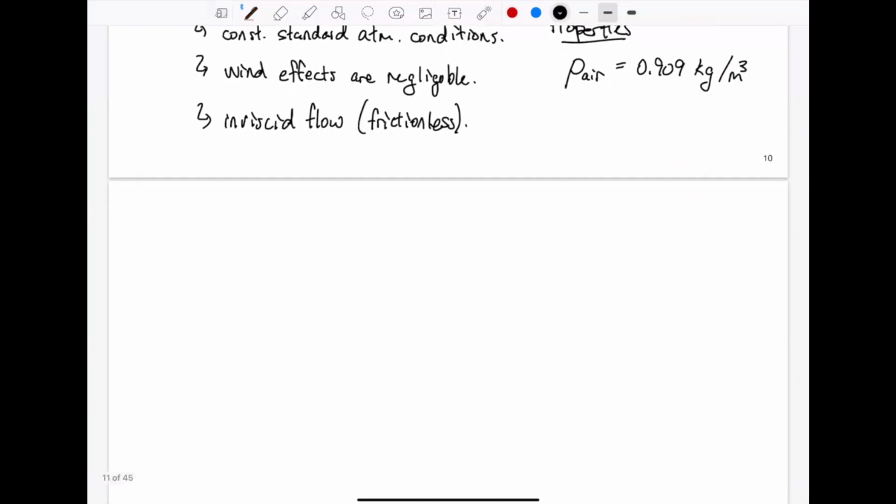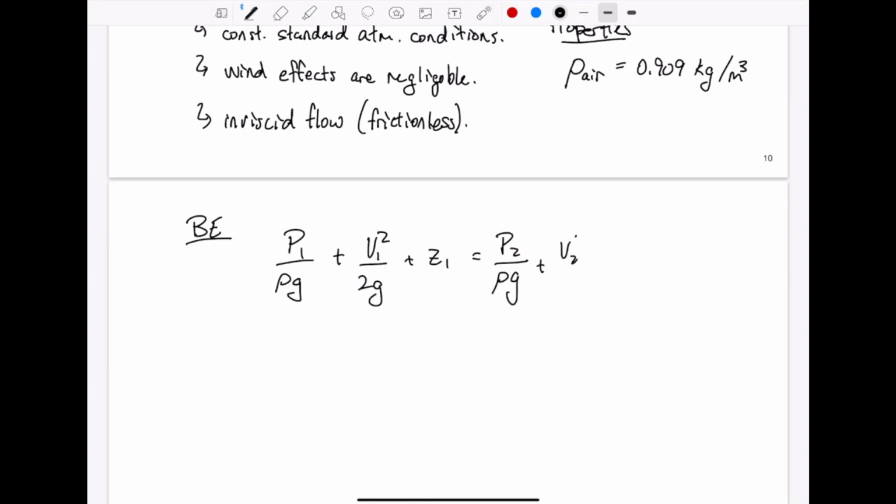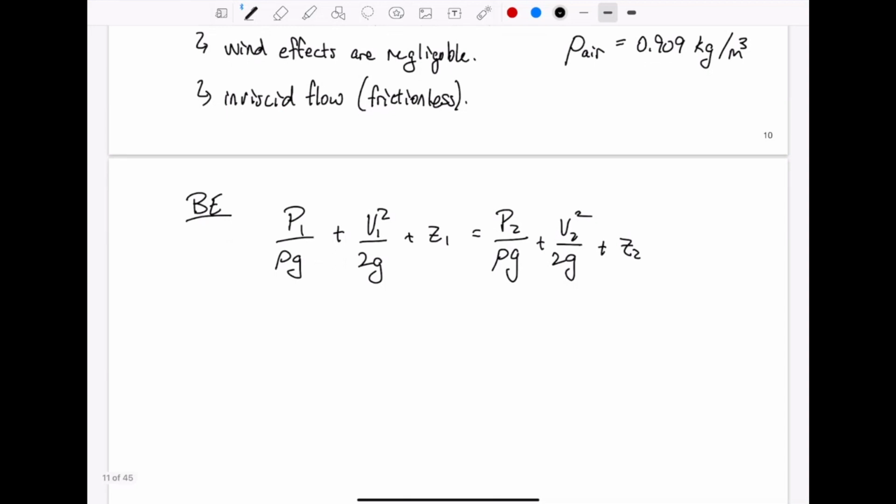So let's apply Bernoulli's equation. P1 over rho g plus V1 squared over 2g plus Z1 is equal to P2 over rho g plus V2 squared over 2g plus Z2. So we end up with V1 squared over 2g is equal to P2 minus P1 over rho g.